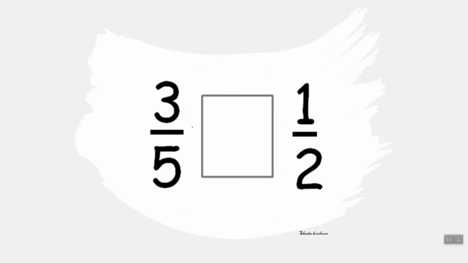Let us take another example. 3 by 5 and 1 by 2. So we will multiply 3 and 2. 3 times 2 is 6. Then we multiply 5 and 1. 5 times 1 is 5.